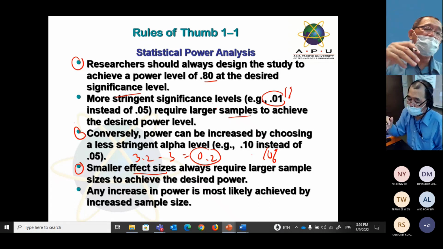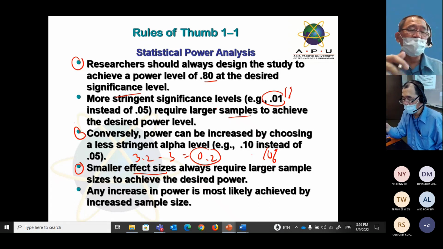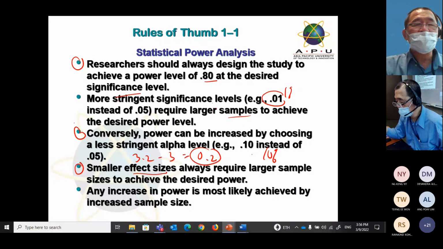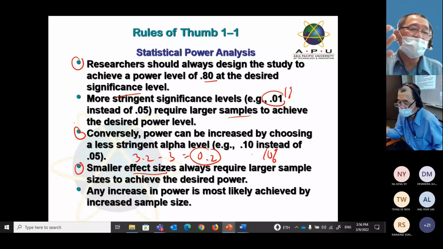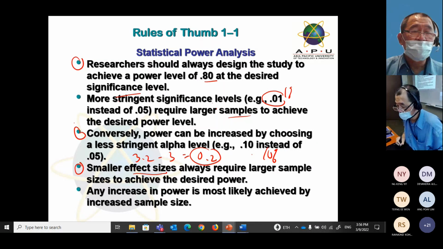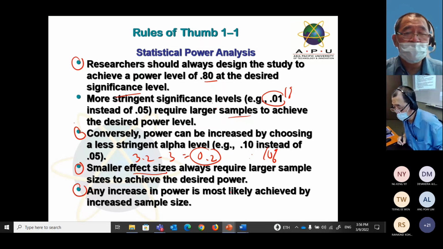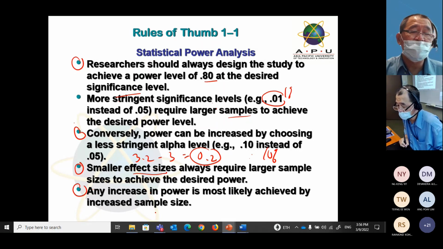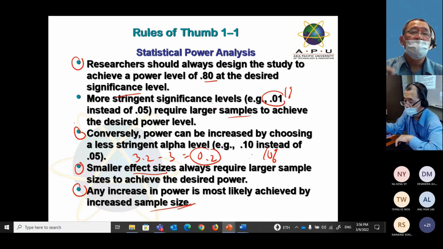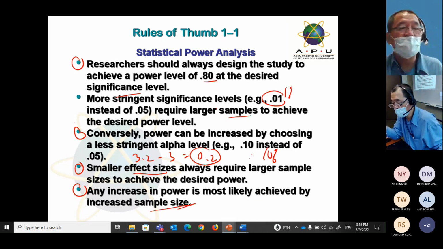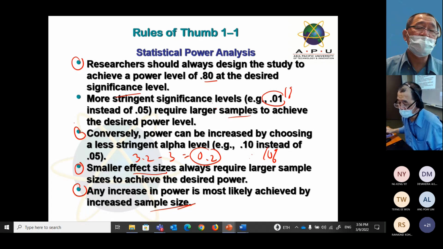But again, people may still question you: why do you take so many, why is your sample size so large? Any increase in power is mostly achieved by increasing the sample size, so you still need to justify why you use a large sample size.